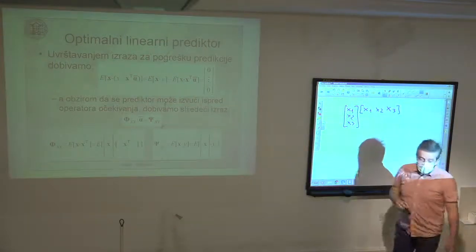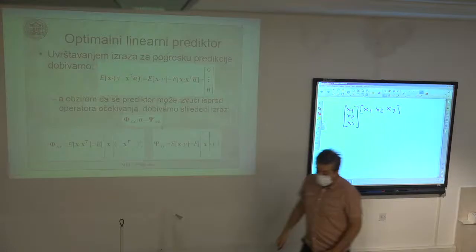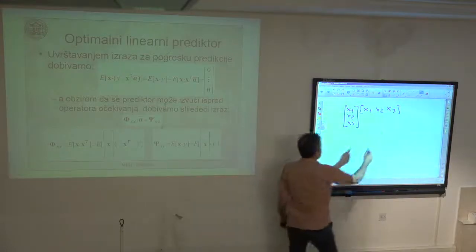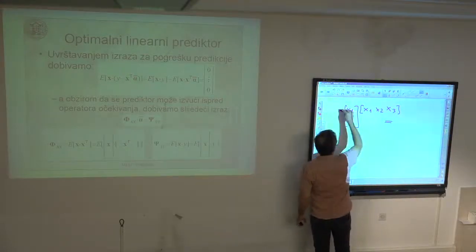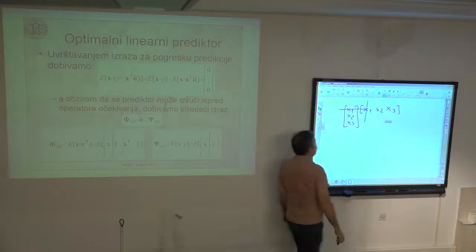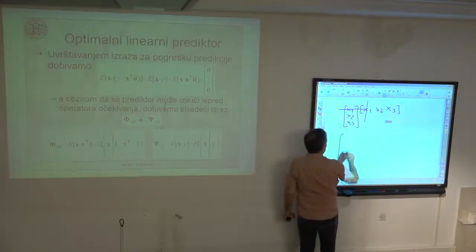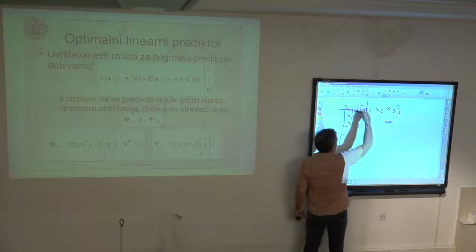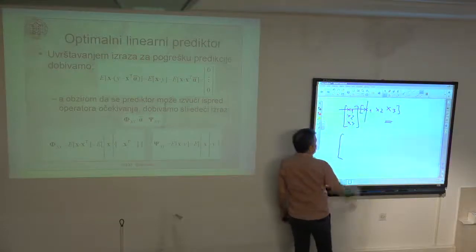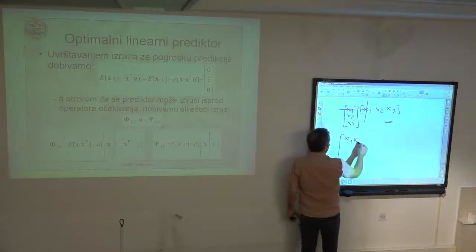Then I simply apply the matrix multiplication rules. I take the first row of the first matrix times the first column of the second matrix, and that is x1, x1.